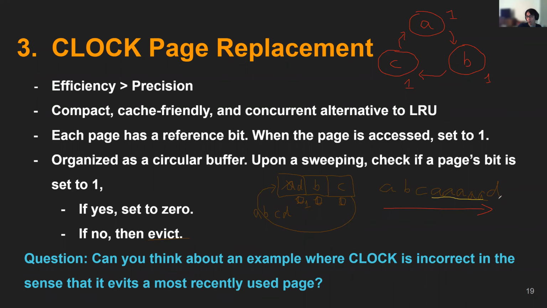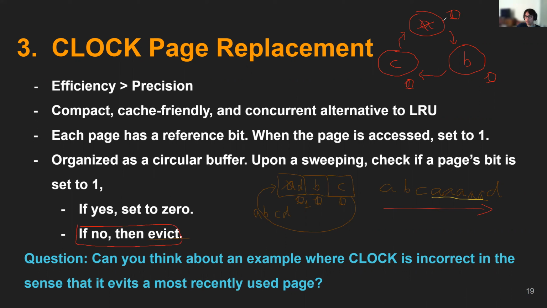Now D comes in. According to this algorithm, I have to set A to 0, right? And then I go to the next one. I set B to 0. I go to the next one. I set C to 0. I go to the next one. Now I'm seeing a 0 here. According to this algorithm, I have to evict this one.